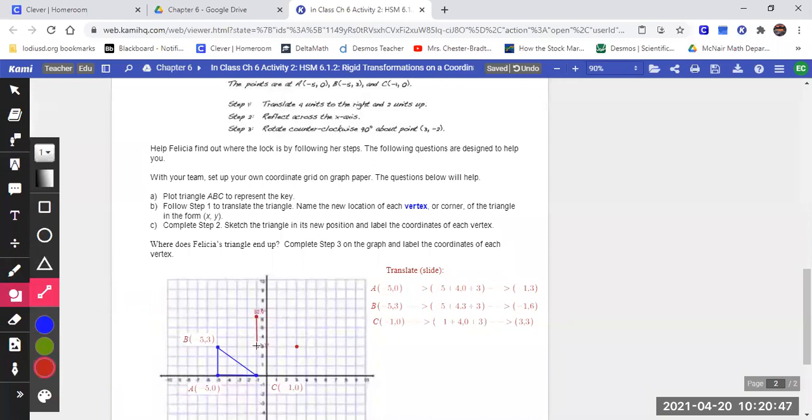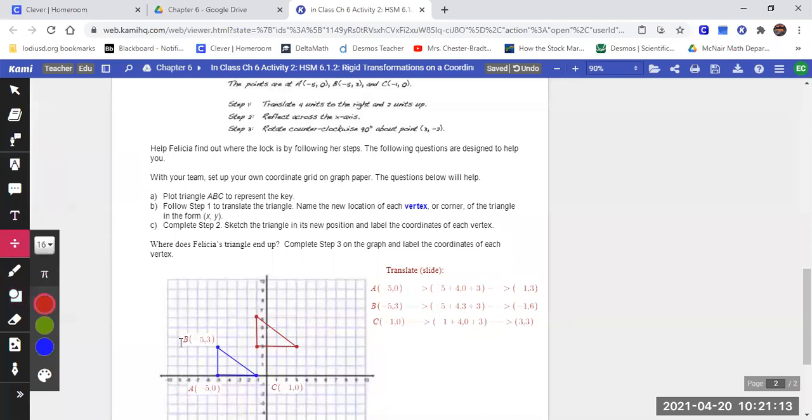Okay. And it's the same as our old triangle in every way, except we slid it. We translated it. So it should be the same size, be facing the same direction, be the same shape. Everything should be the same, but we slid it to a new location. Okay. And we're going to go get those new locations.